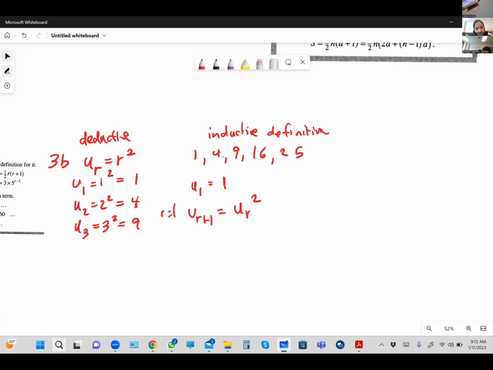Let's say we put 1 in there. u of 1 plus 1 equals u of 1 squared. So u of 2 equals 1 squared, which equals 1. Is that true? Is u of 2 equal to 1? No. So it has to be plus one, maybe.